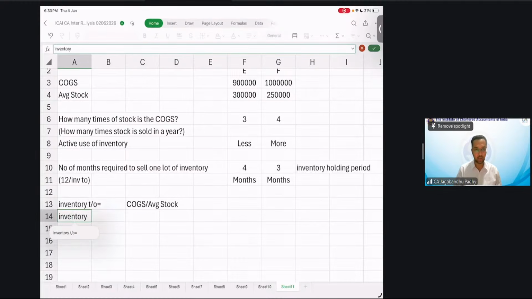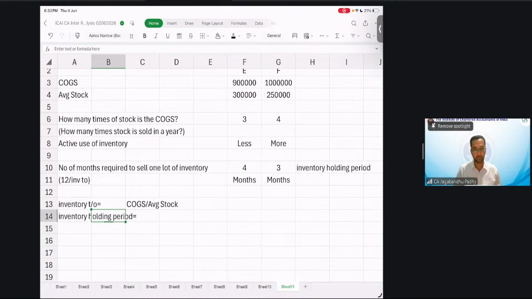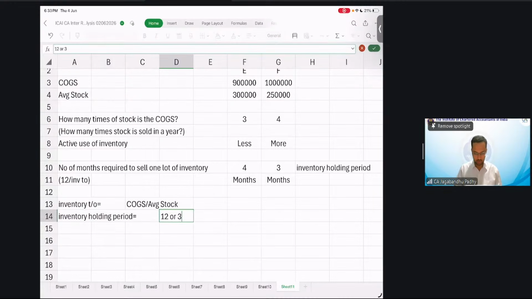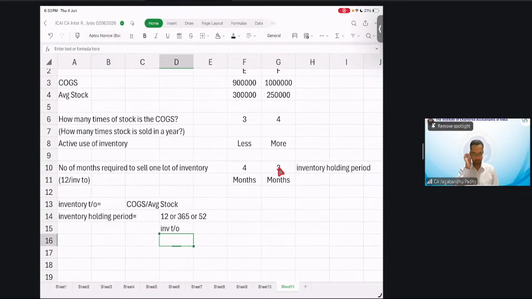And inventory holding period is going to be 12 or 365 or 52 divided by inventory turnover ratio. So inventory turnover is COGS upon average stock, and inventory holding period is 12 or 365 or 52 by inventory turnover.